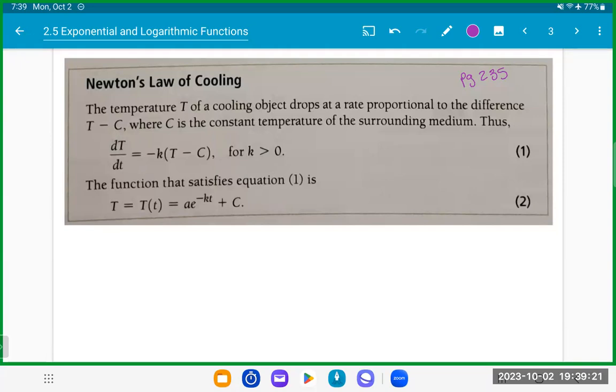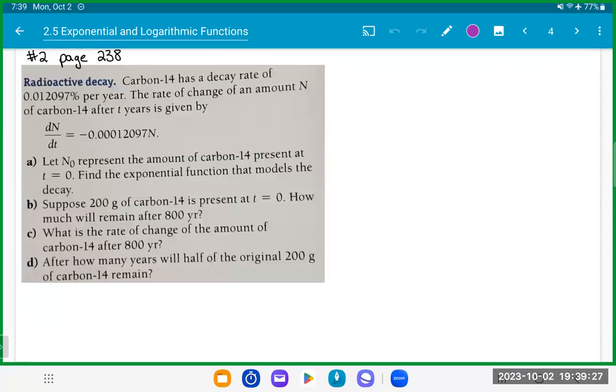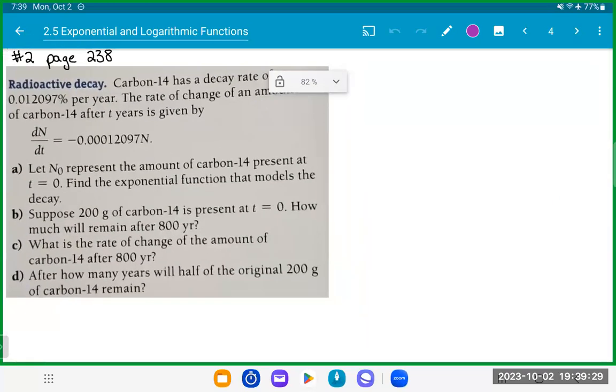Okay. But what we will spend time on is this next section about radioactive carbon decaying, essentially. Again, this section is mostly just application problems.